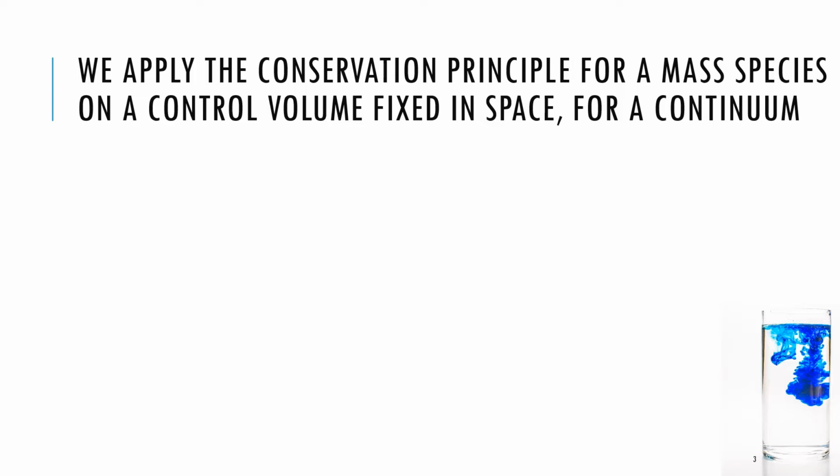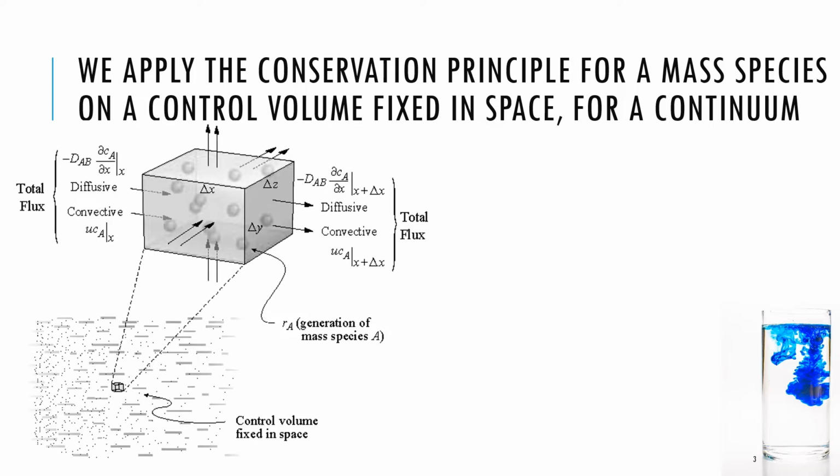To develop this, you can see these little dots in here, that's like the dye in water. We have a control volume that we set up, which is a fixed volume in space, and that is shown enlarged here.